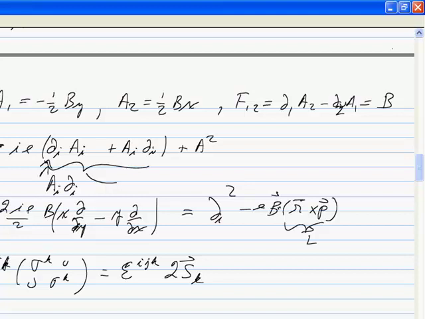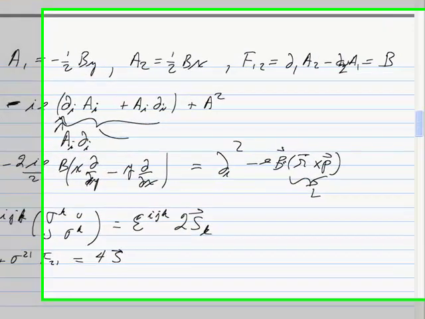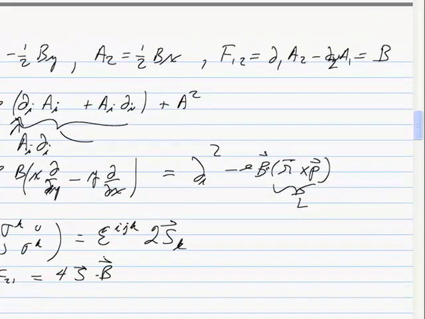Okay, so sigma 12 f12 plus sigma 21 f21 ends up summing into 4f dot b.